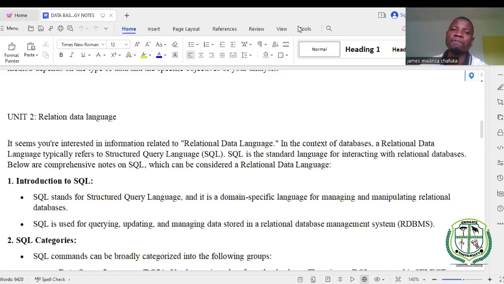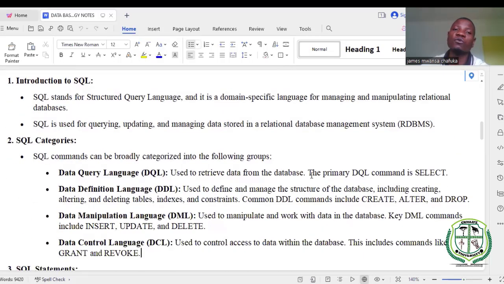Very important. So let us proceed. We're just looking at the introduction, so let us proceed by looking at the categories or the types.